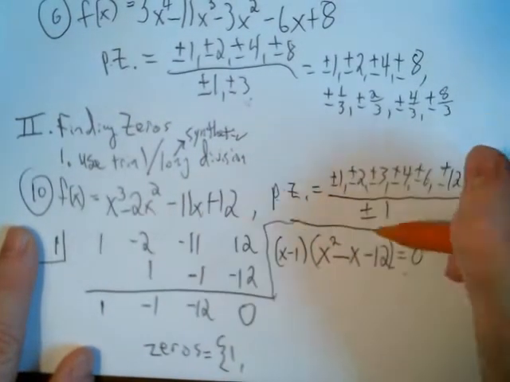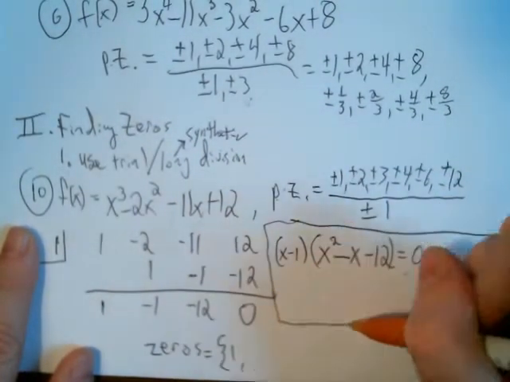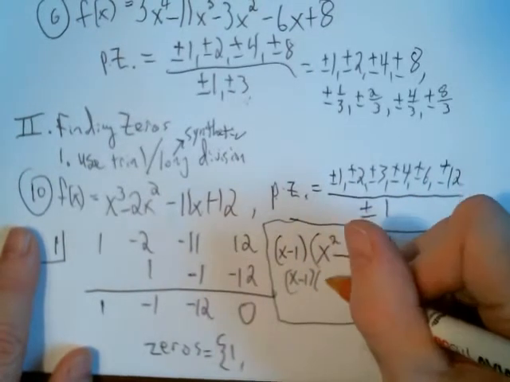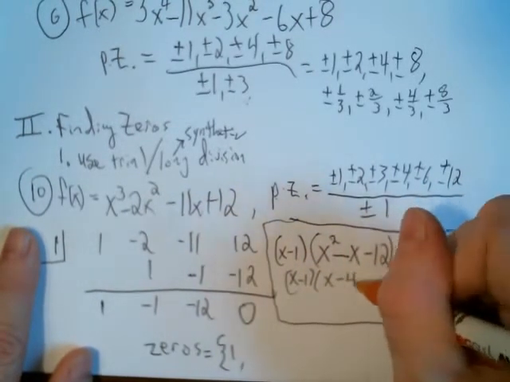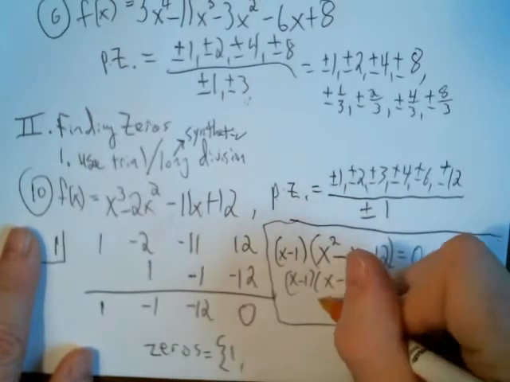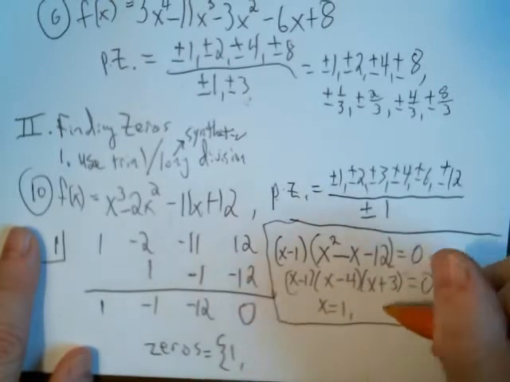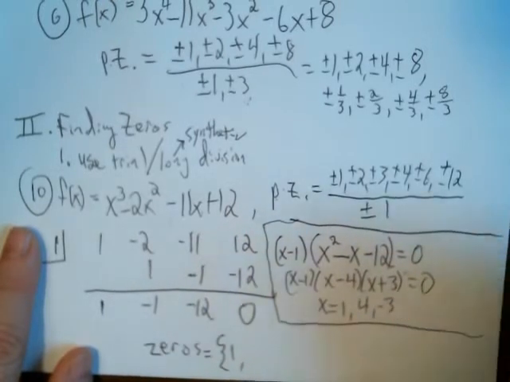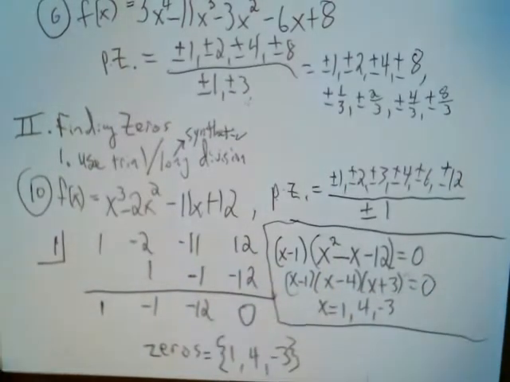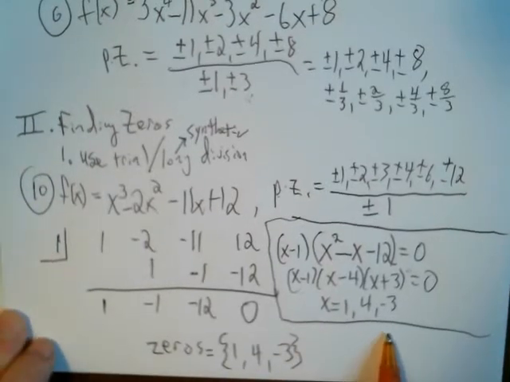And then what we do is just factor this character, and hopefully that will give us the rest of the zeros. So x minus 1 times x minus 4 times x plus 3 is 0. So the other zeros in addition to 1 then will be 4 and negative 3. So what you're really doing is just looking for 1 zero, and then the other zeros will kind of fall out of the synthetic division.